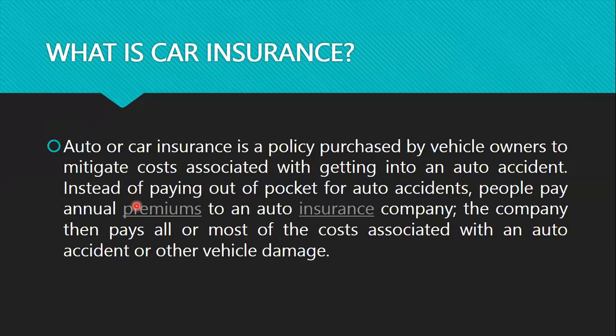Something that I want to make clear is that insurance has different tiers, okay? That means that the more you pay, or the better the insurance that you buy, the better the benefits you will have access to. Therefore, the insurance company then pays all or most of the costs associated with the auto accident or the vehicle damage.